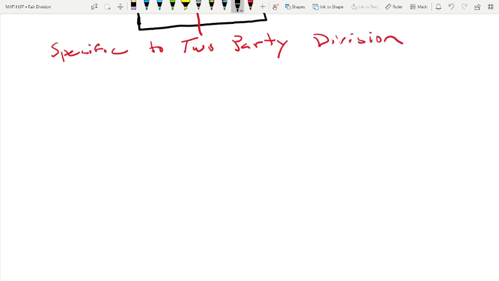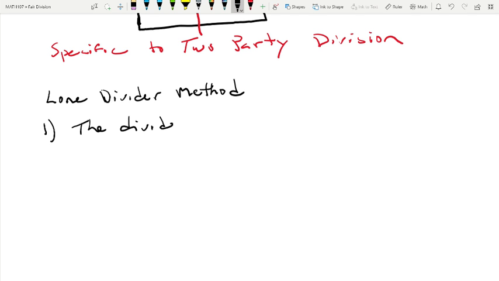The next method is called the lone divider method. In this method, we have the following steps. Step 1, the divider divides the item into n pieces.